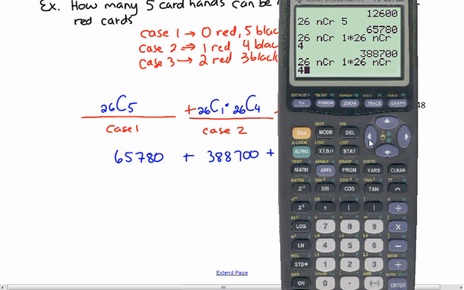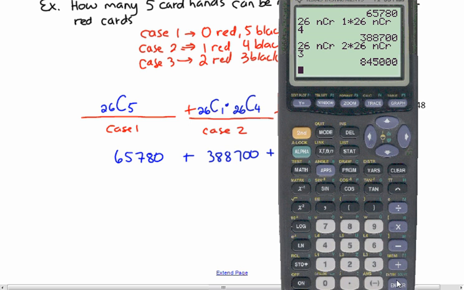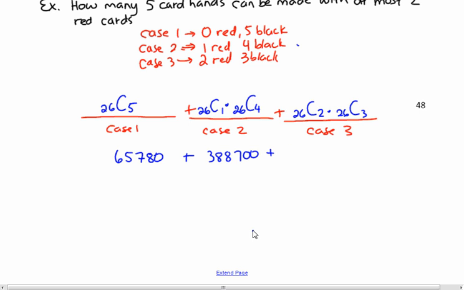So easy second, enter, and just go back for 2 red and 3 black. 845,000. When we add these all together, we get 1,299,480 combinations.